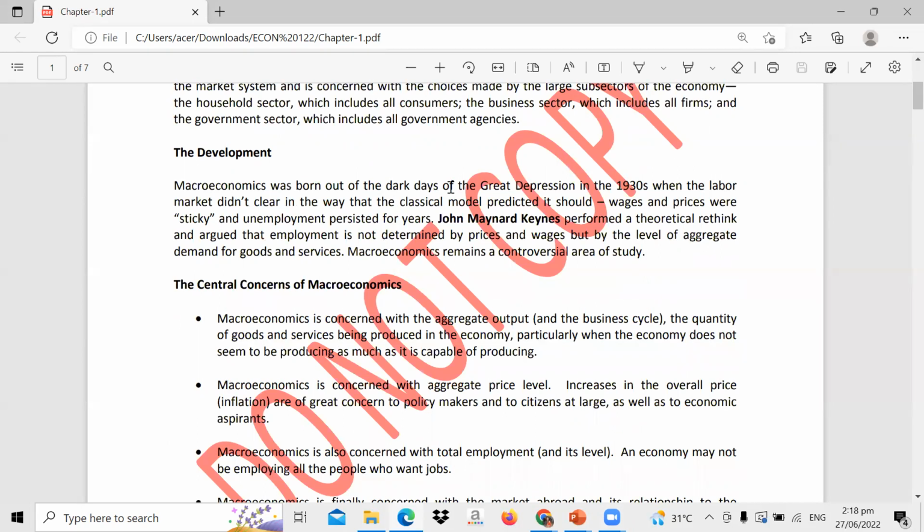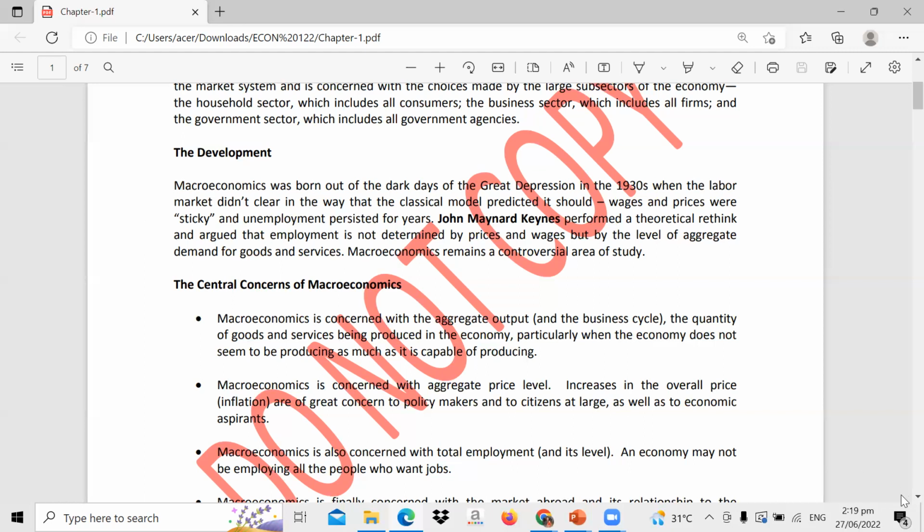Basically, one economist, John Maynard Keynes, performed a theoretical rethink and argued that employment is not determined by prices and wages, but by the level of aggregate demand for goods and services. So again, it's more on the demand for goods and services. It dictates the employment of the people within an economy, depending on the demand for goods and services.